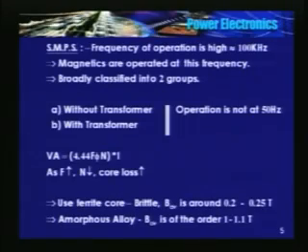Okay. Now you may ask, DC to DC, where did you get this DC from? After all, the supply that is available is AC. Do I need to have a 50 hertz transformer there? If I use a 50 hertz transformer, the purpose is lost. Somehow I have to do away with this 50 hertz transformer.